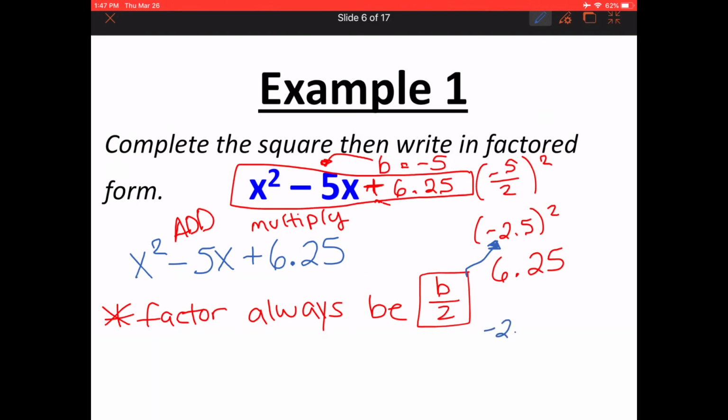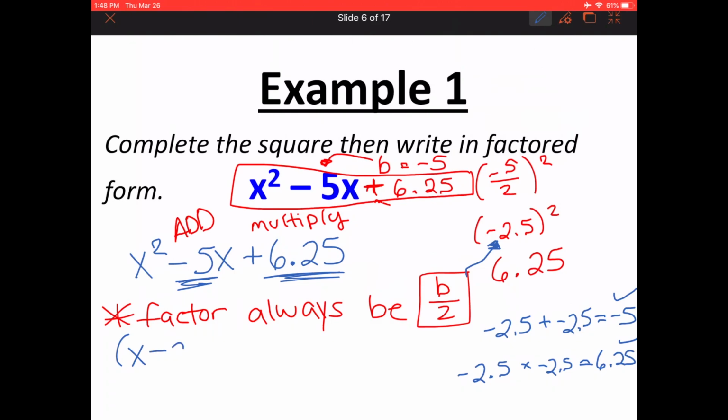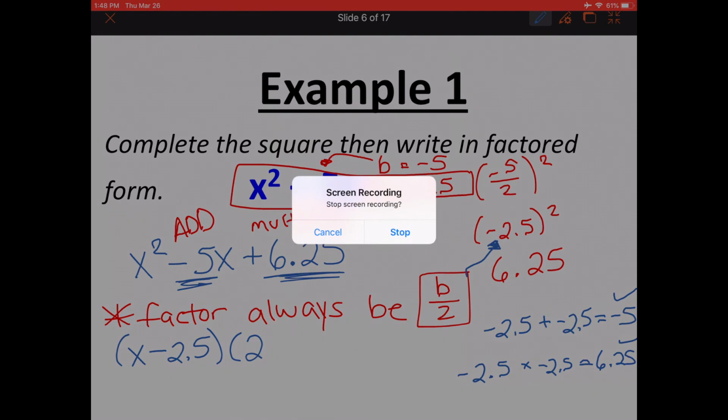If I do negative 2.5 plus negative 2.5, I get negative 5, which is what I want. If I get negative 2.5 times negative 2.5, I get positive 6.25, which is also what I want to multiply to. So my two factors are going to be x minus 2.5, x minus 2.5.